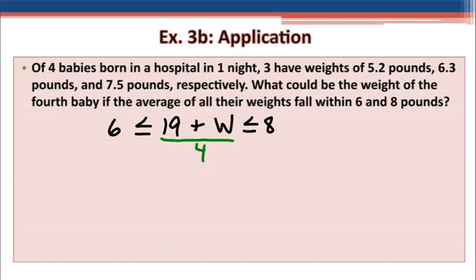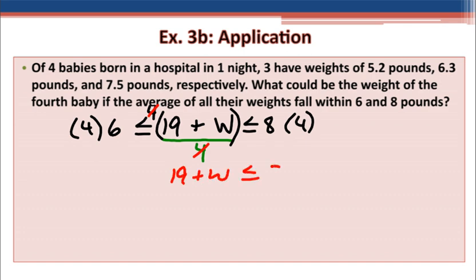So I have 4 babies, and now to get rid of the 4, I multiply all the sides by 4. And on the inside, 4 divided by 4 is 1, and I'm left with 19 plus w is less than or equal to 32 on the right-hand side and 24 on the left-hand side.